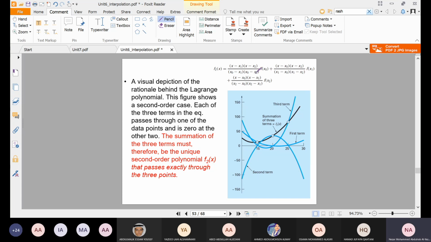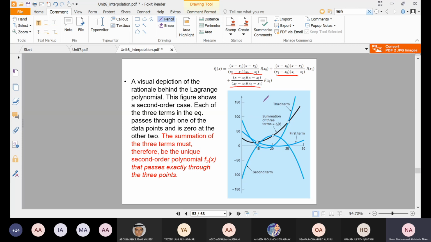Okay, so if you use one term only, you connect only 1 point. Each term draws a graph that connects one of the data points. So this term draws a graph that connects the first data point, this term connects the second data point, and this term connects the third point.